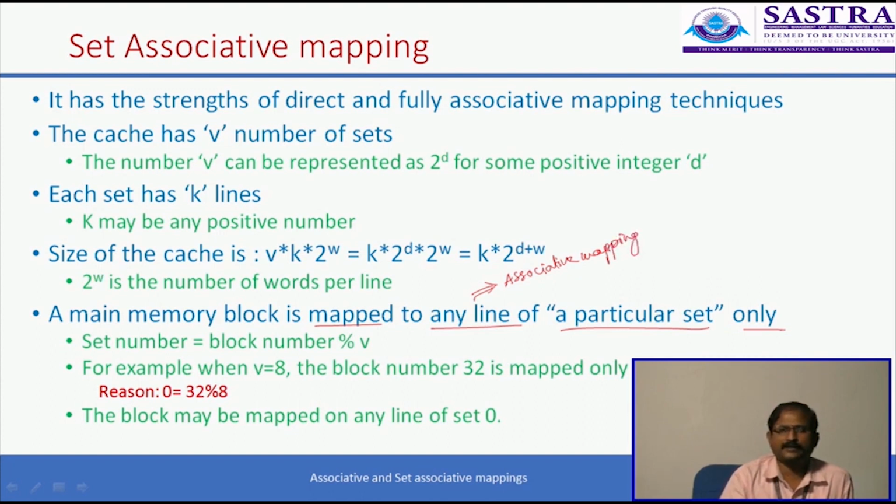Associative mapping is the other name for fully associative mapping, and 'only to a particular set' is very similar to direct mapping. By combining direct mapping and associative mapping, the set associative mapping has the advantages of the previous two mappings.